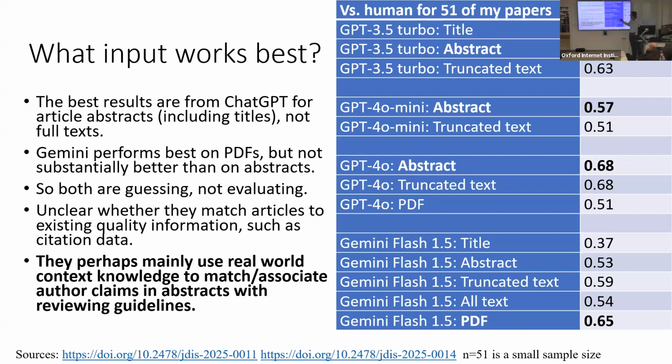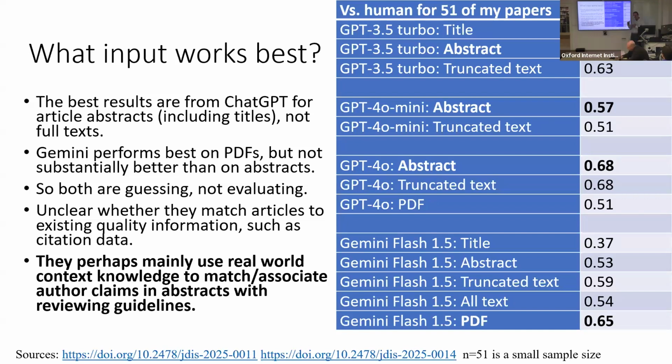And for ChatGPT, it works best with the abstract, or at least it doesn't work worse than with the full text. So you feed the title and the abstract in, and it does as good a job or a better job at evaluating the text than if you feed in the full text.